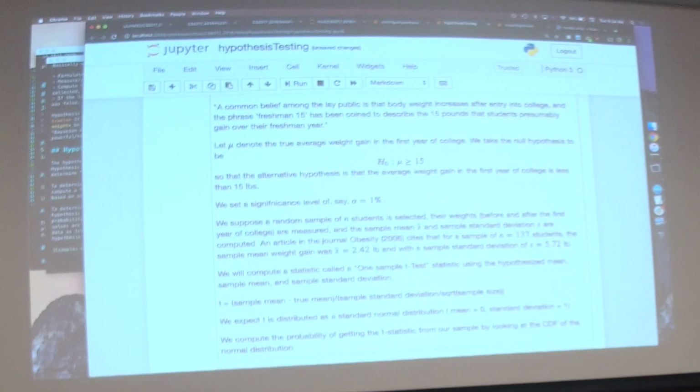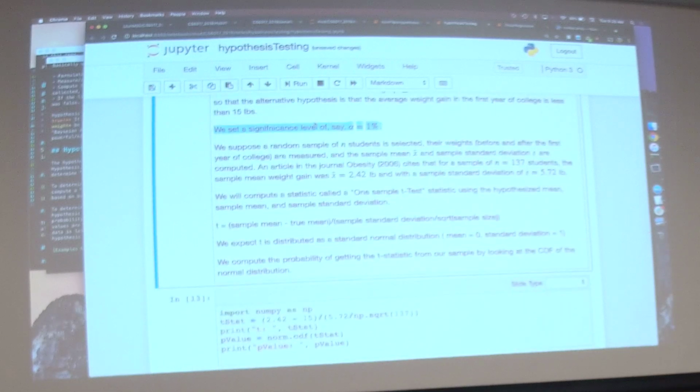So what we're going to assume, right, is that the average weight gain is greater than 15 pounds. Okay, that's going to be our hypothesis. If we prove that wrong, then we can say that the null hypothesis is wrong and the freshman 15 is not a thing. Okay, so we're going to set our experiment up so that we can disprove the freshman 15.